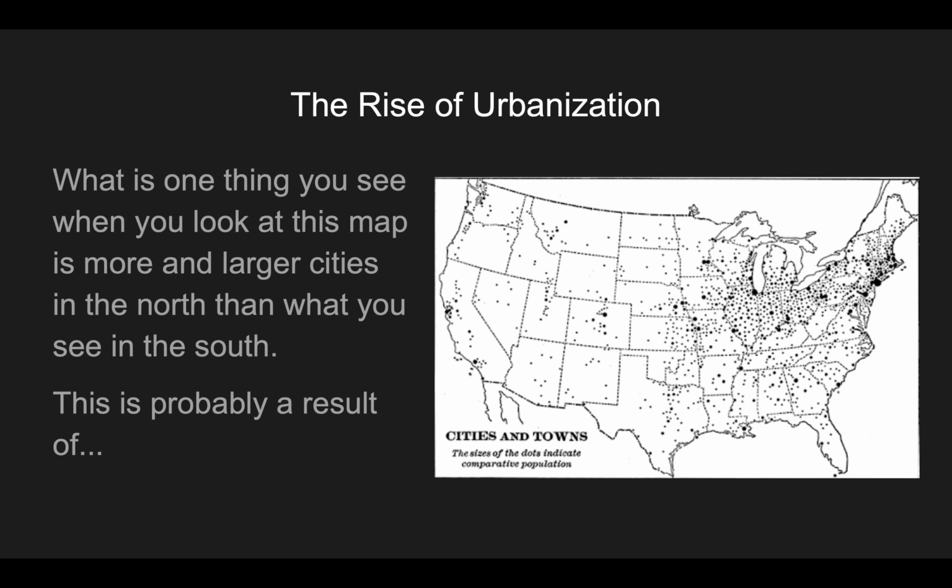Now, if you were working in a factory and you had a choice to live down the street in an urban city or an hour away, and remember, they don't have cars back then. They had to rely on other means of transportation. Would you rather spend an hour trying to get to work, or would you rather just walk down the street, clock in, do your time, clock out, go home, see your family?